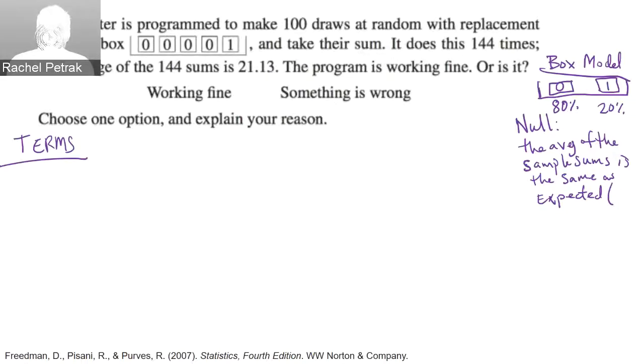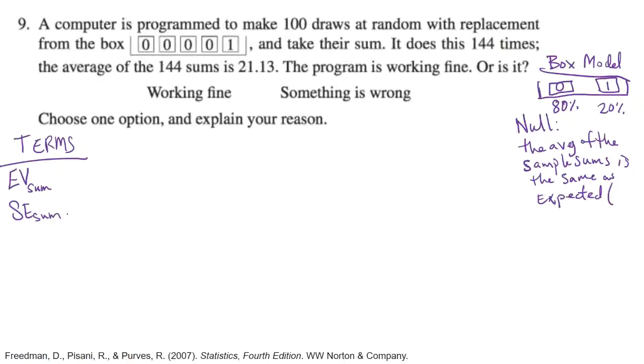So now you're thinking about, what terms do we need? Well, we're going to need the expected value for the sum, the standard error for the sum, the expected value for the average.